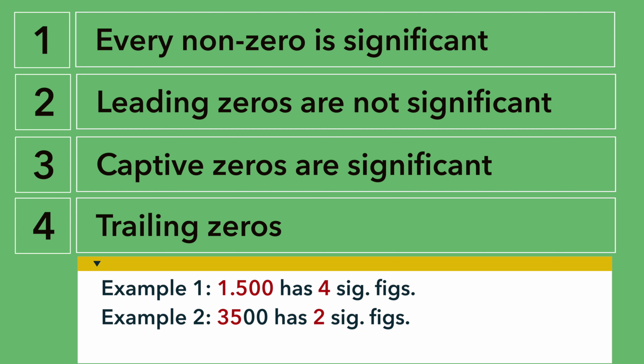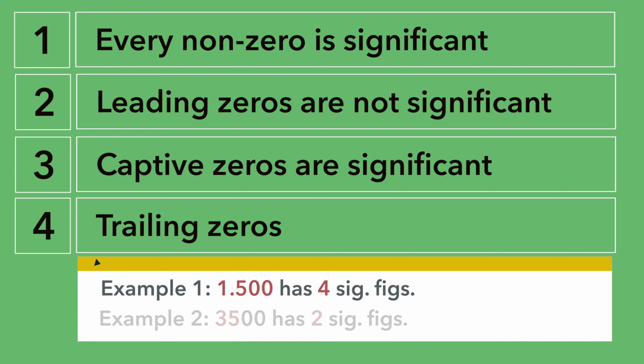So this value would have 4 significant figures. If a decimal is not present, such as in the value of 3,500, trailing zeros are not considered significant because it is assumed that these values are estimated and the measurement is only accurate to the hundredth place. So in this example, only the 3 and 5 are significant figures and the trailing zeros are not.